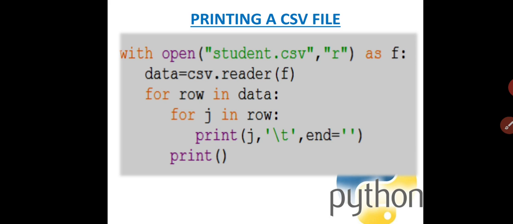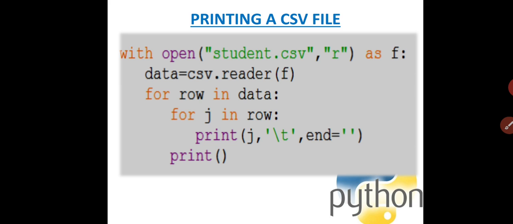Data will be a nested list because each row will become a list, and if there are, suppose, 5 records in the CSV file, then the list will have 5 lists inside it, and each list will represent a row or a record of the CSV file. So this data list is the main list, and inside this list there are other lists, and each list represents a record.